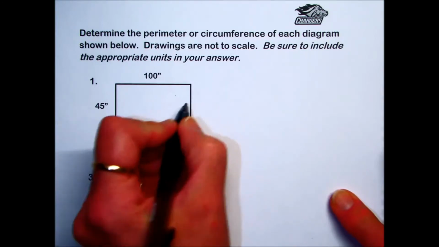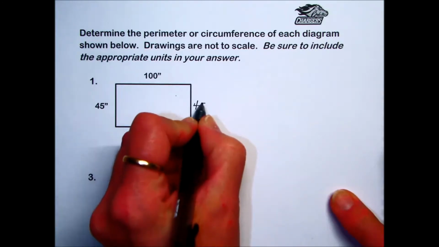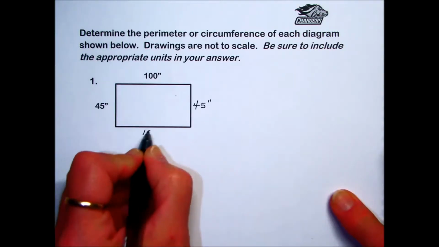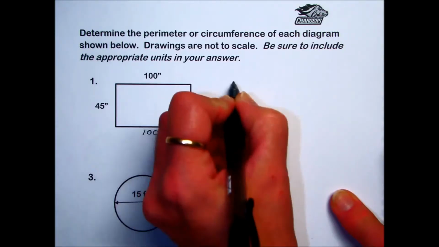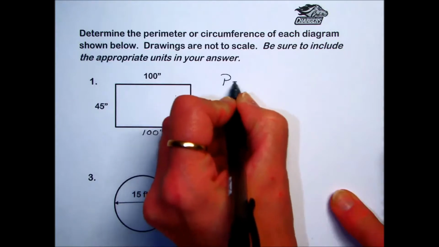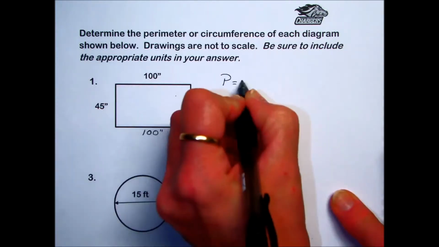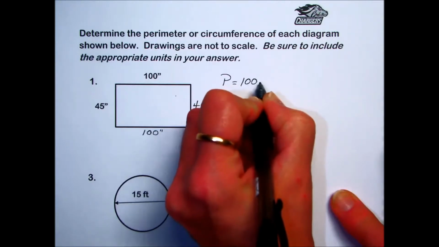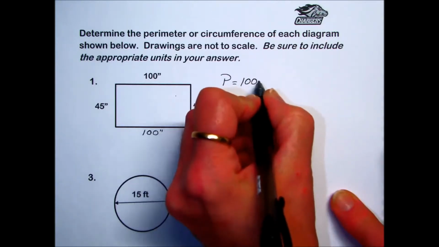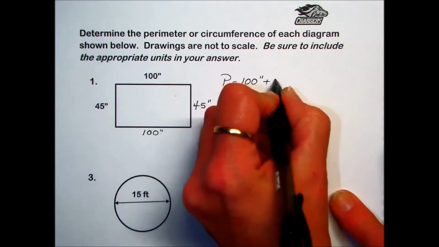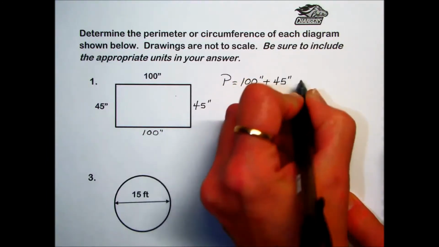The implication here is that the shorter sides are both 45 inches and the longer sides are 100 inches. So to determine the distance around, if we start here and go clockwise around, we would have a straight line of 100 inches added to the next straight length of 45 inches.